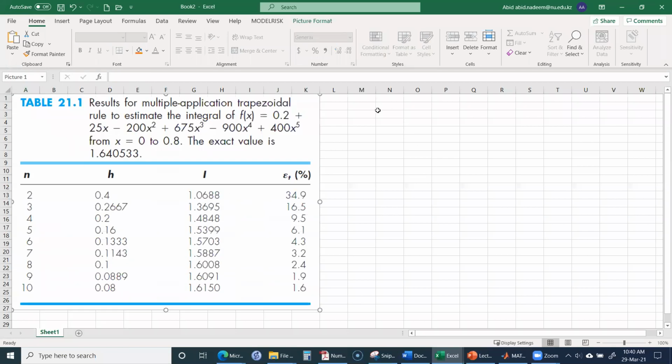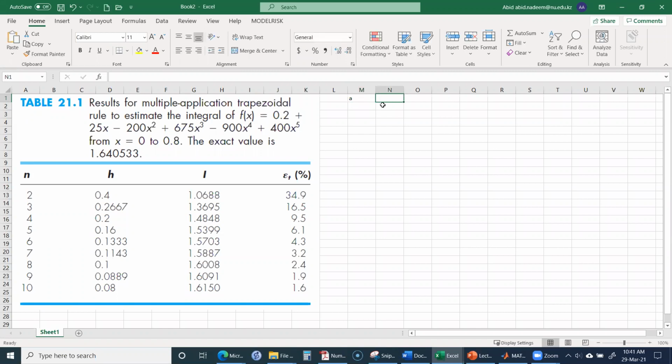So let's try n is equal to 2, okay? For this trapezoidal rule, first we need to find what A is.